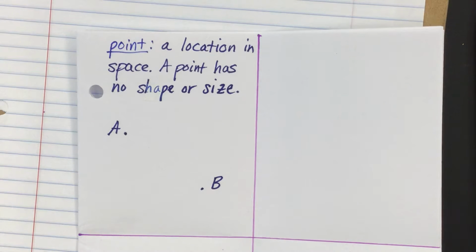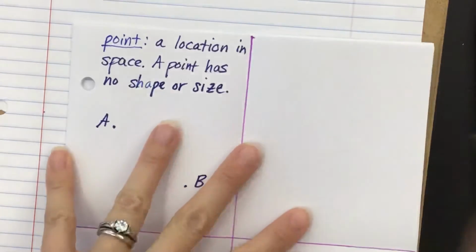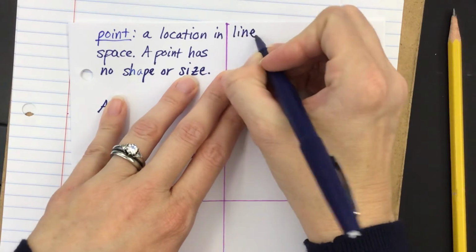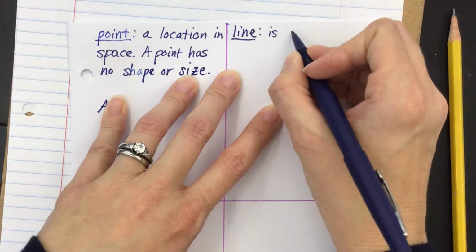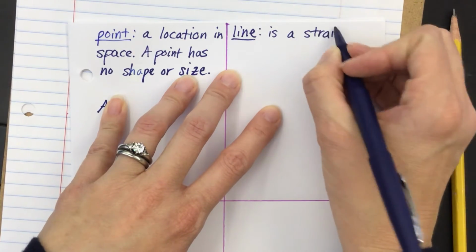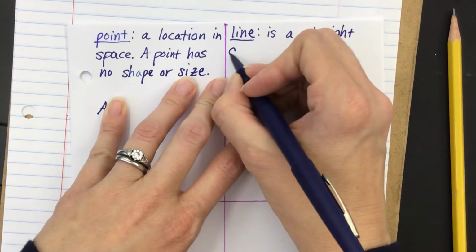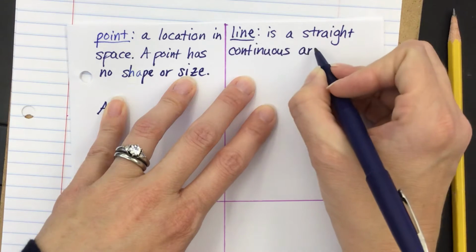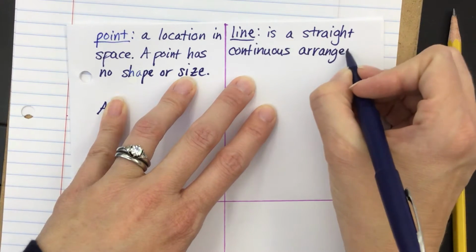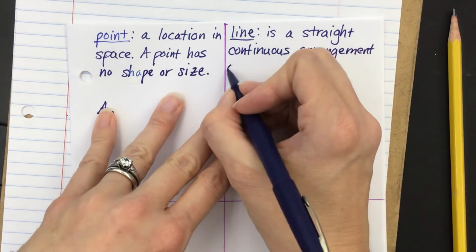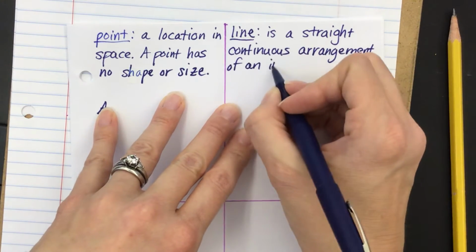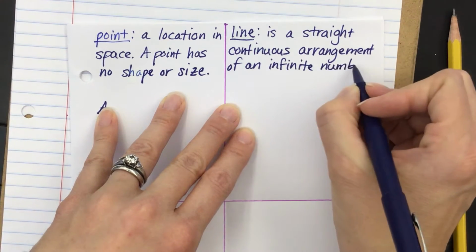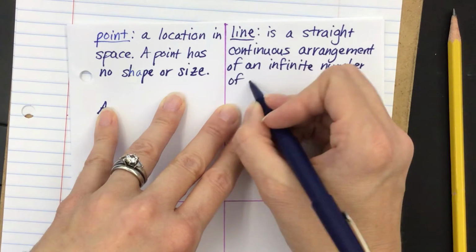Okay, quick definition for line. So a line is a straight, continuous arrangement of an infinite number of points.